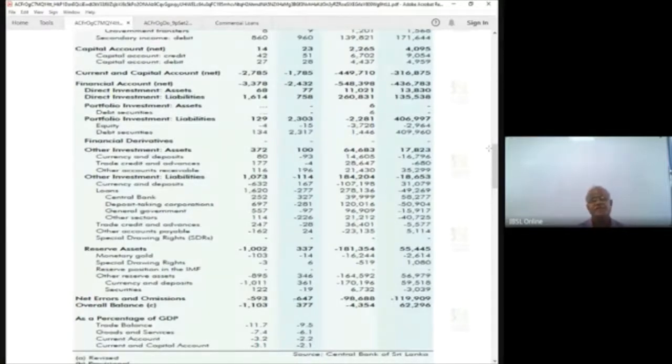They are classified as portfolio investment. Compared to direct investment, portfolio investment is more volatile. If some uncertainty develops in the economy, the foreigner just sells and takes their money abroad. Direct investment is more stable.